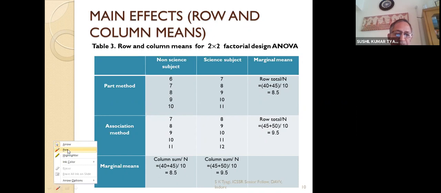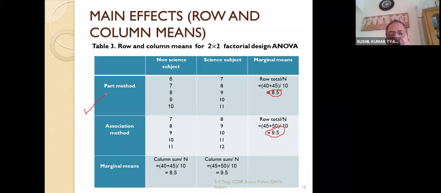If we compare these two means, the total row mean for part method and the total mean for association method, then this will be the effect of the method of treatment, method of teaching. So if there is a significant difference, that difference is due to the method of teaching, MOT, this particular treatment.